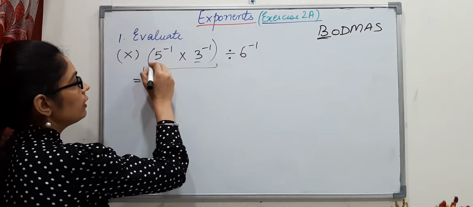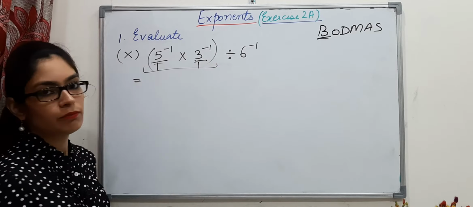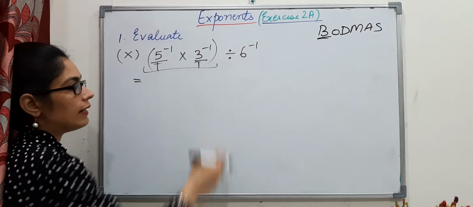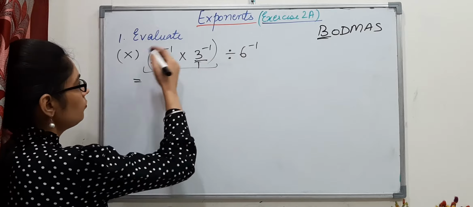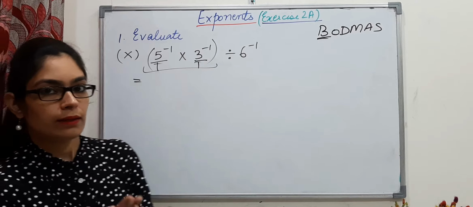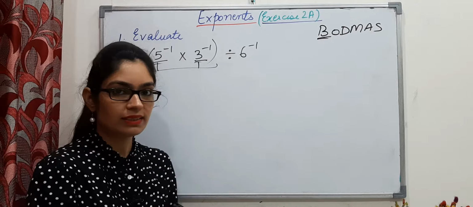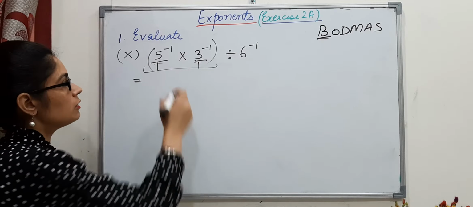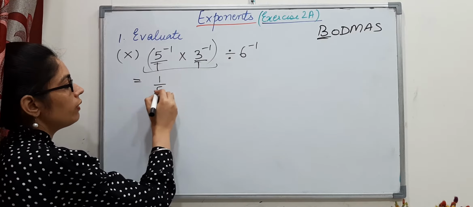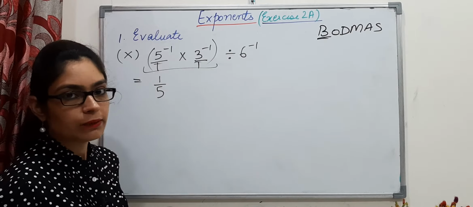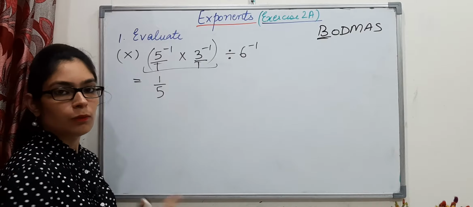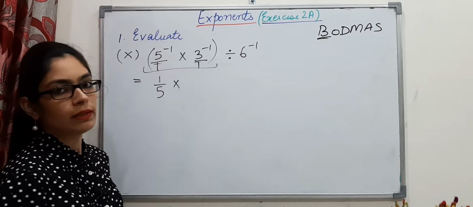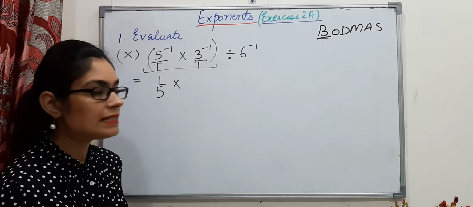We can write both of these numbers in fraction form. So 5 we can write as 5 by 1, 3 we can write as 3 by 1. In order to make negative powers positive, we have to take the reciprocal of the base. So 5 by 1 will be changed to 1 by 5, plus 1 no need to write because the power is 1 only, multiplied by 3 by 1 raised to the power minus 1.